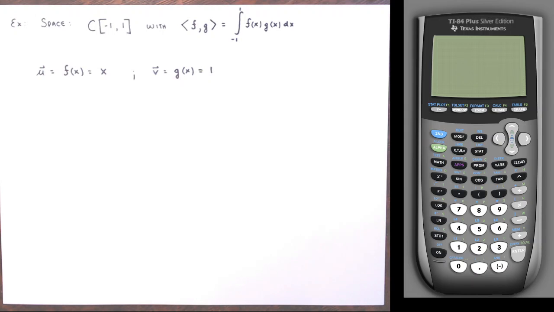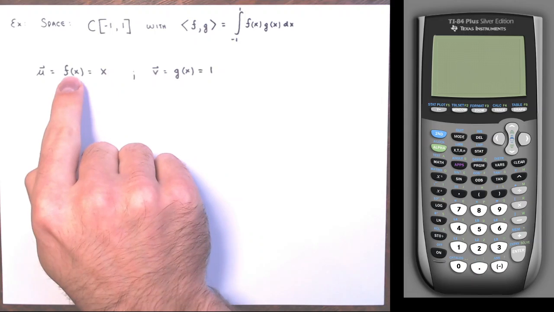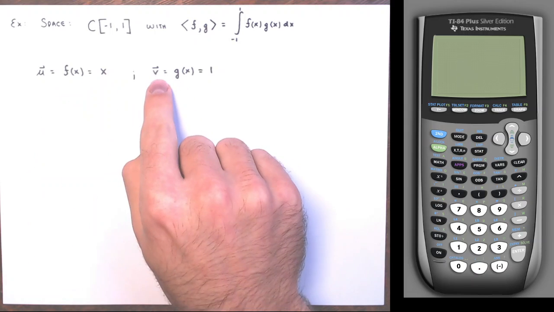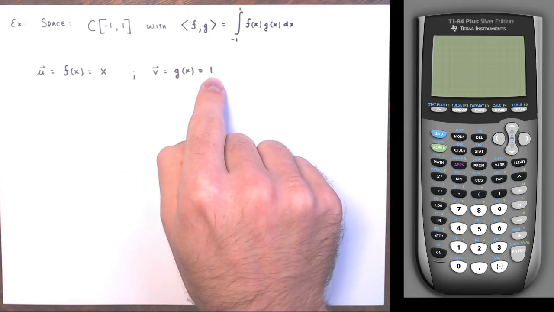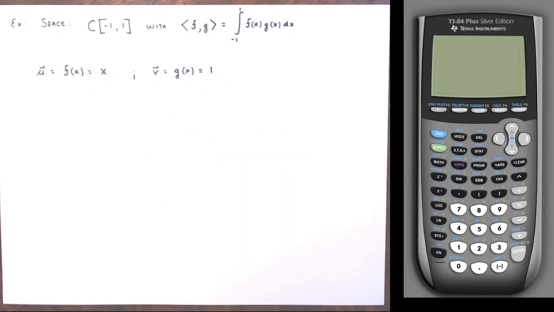My functions here are simple. Vector u is the function f of x equals x, and vector v is the function g of x equals 1. Both are continuous on the interval from negative 1 to 1 for sure.